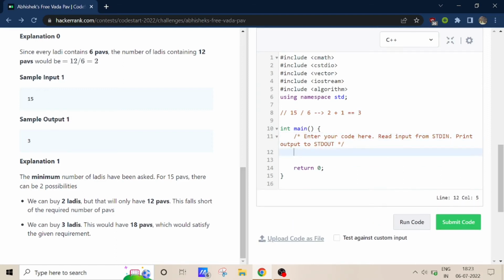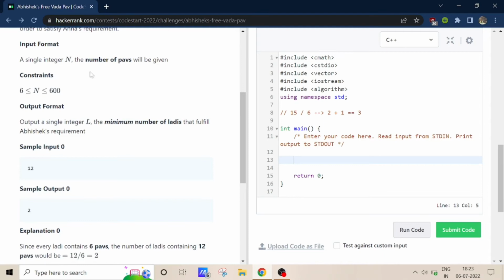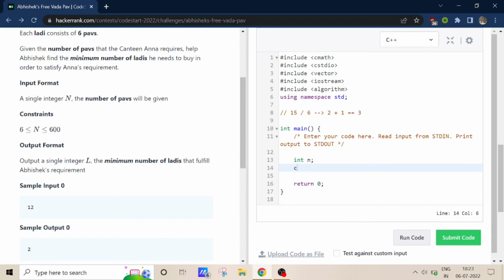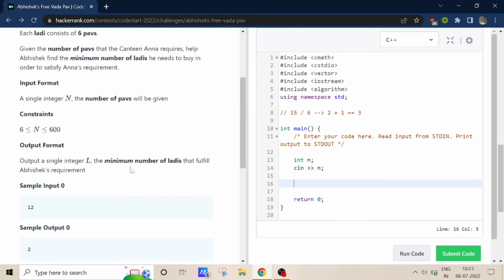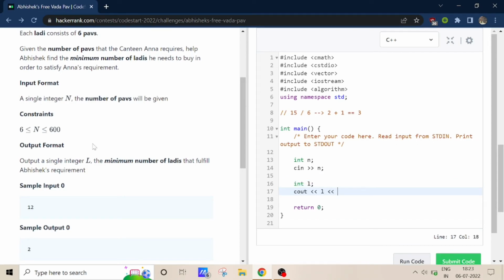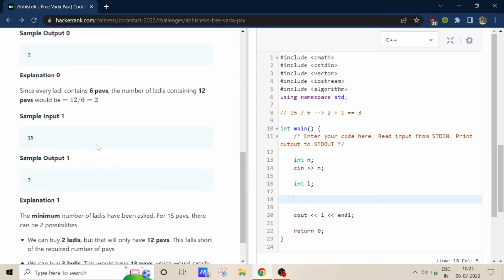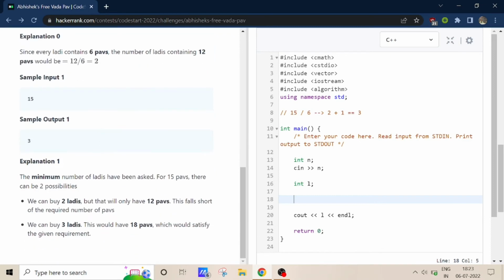So let's just solve the question. The input format is the first line contains a single integer n. So we would firstly input n, and I need to output L. So now let's calculate L. As we had discussed, if n is directly divisible by 6, in that case L would be just n by 6.